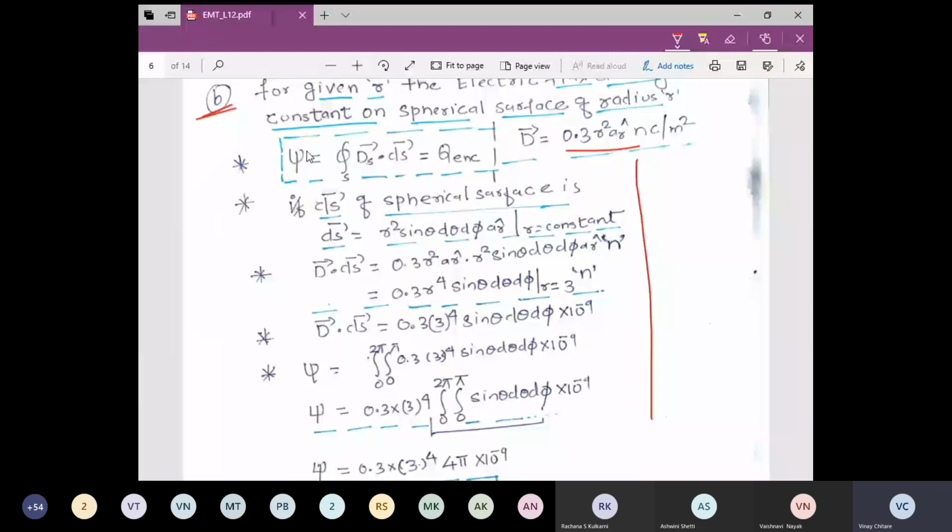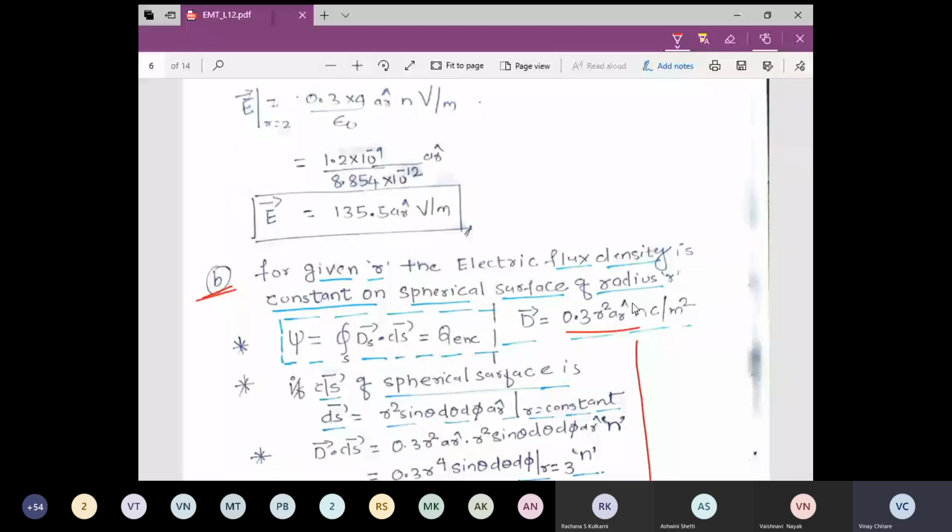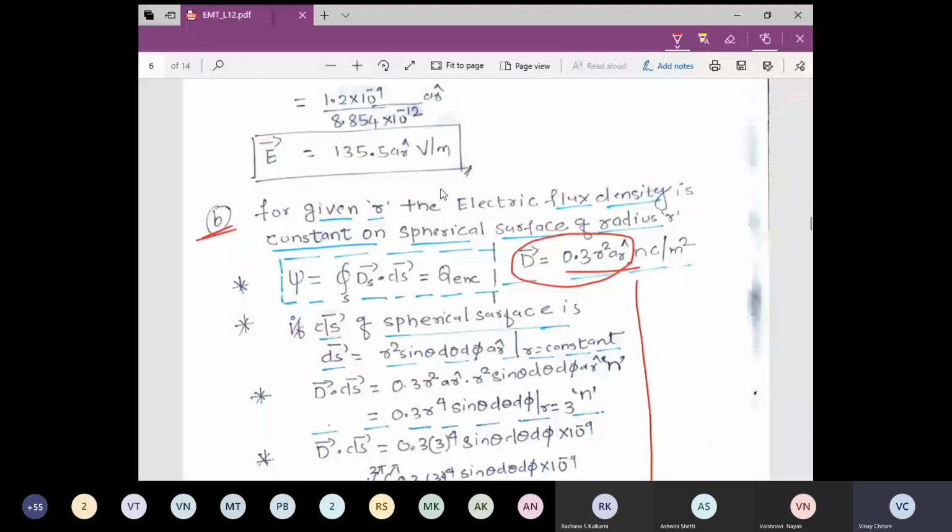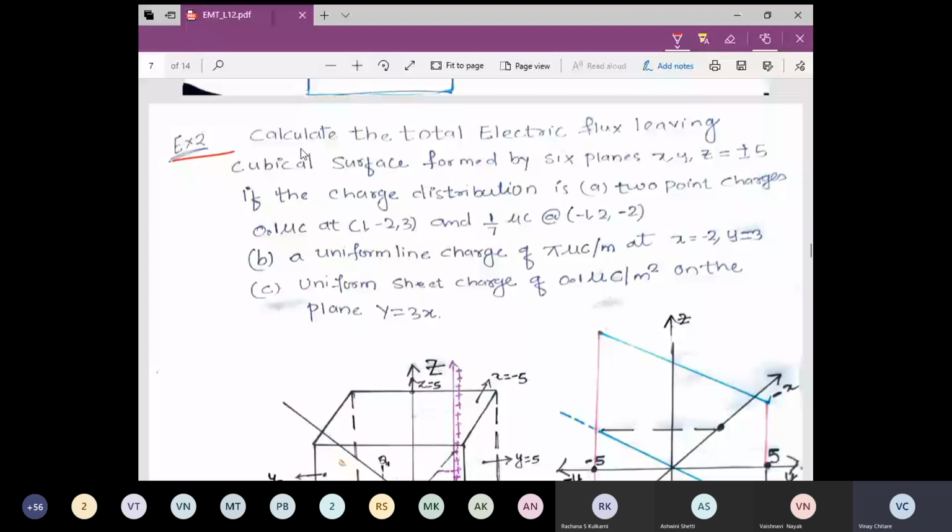In problem number one, they gave the surface and the flux density on that surface, and asked about the charge enclosed and the flux leaving. In the second problem, they have given a closed, cubical surface formed by x, y, z, and the charge distribution inside that closed surface, and now they are asking about the electric flux. This problem is quite simple.